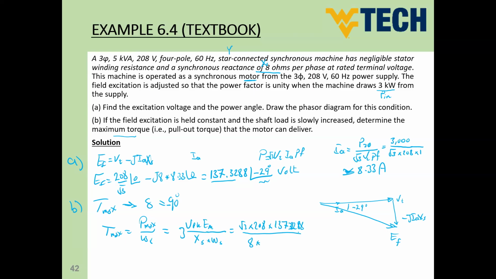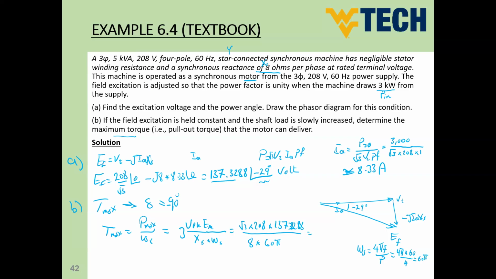So frequency is given, number of poles is given. So you know that omega S equals 4 pi f divide number of poles. So just calculate that. So 4 pi times 60 hertz divide number of poles, which is 4 as well. So we will end up with 60 pi for omega S. So I'm going to multiply here times 60 pi. So this would give us the maximum torque that the machine will work.